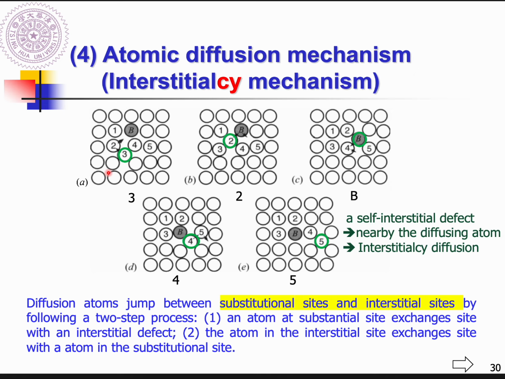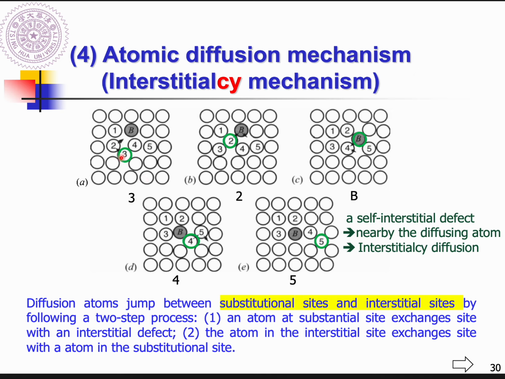But don't forget, this atom is the same atom as our host atom, okay? So it's not the smaller solute atom we introduced in the interstitial diffusion mechanism. This size and type of atom are the same as the host atom. So we have a self-interstitial defect in our material.